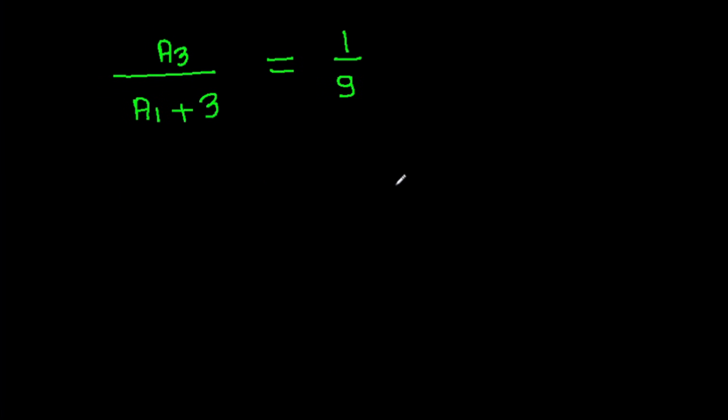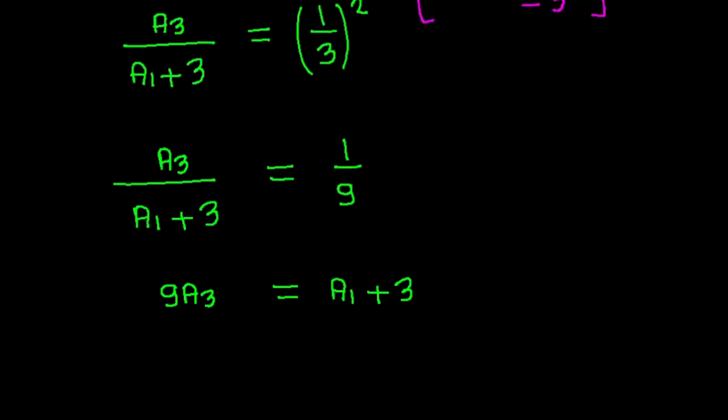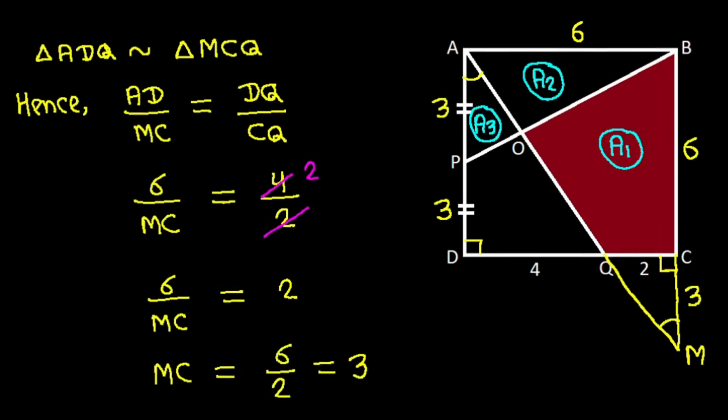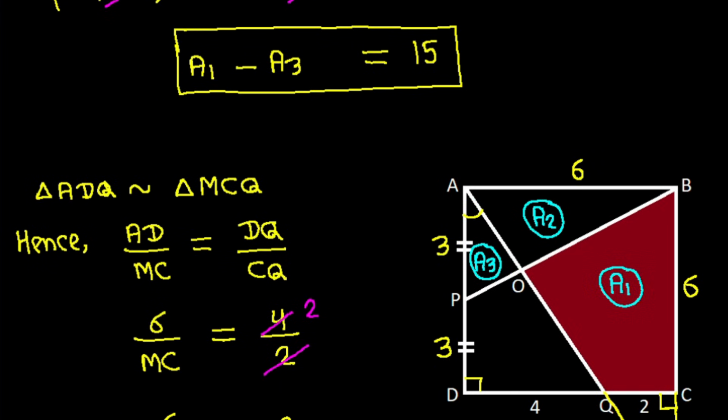And if we cross multiply, then 9 times A3 will be A1 plus 3, and we have A1 minus A3 is 15.